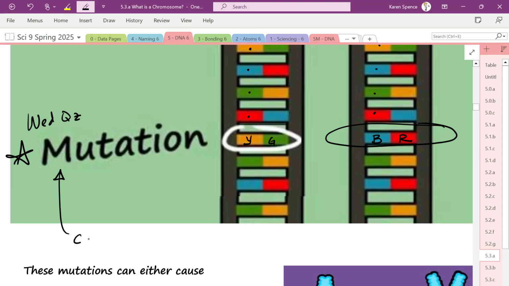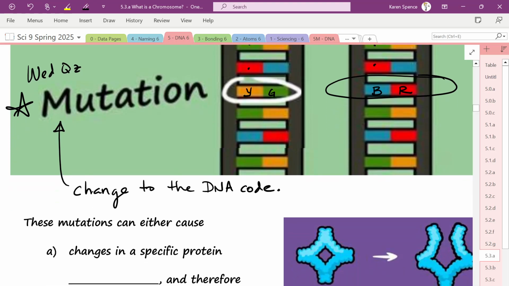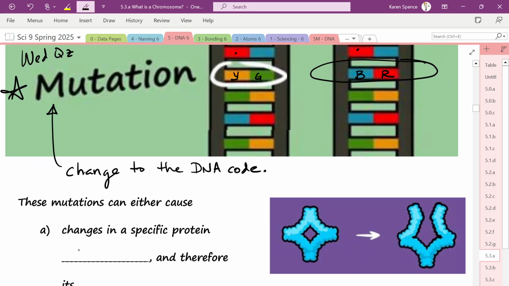A mutation is a change to the DNA code. So perhaps a mutation can cause changes in a particular protein shape.